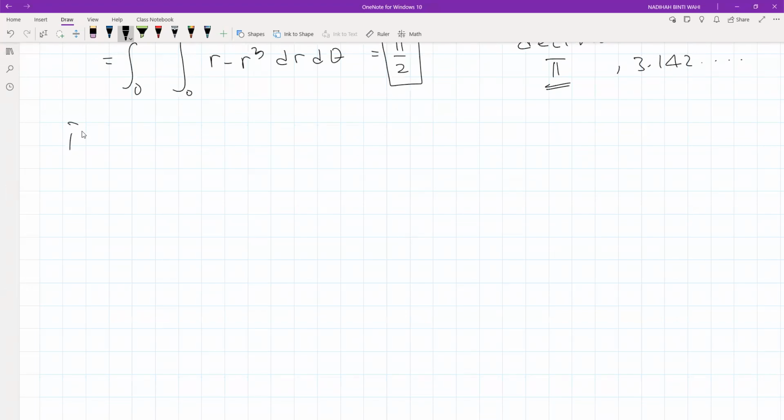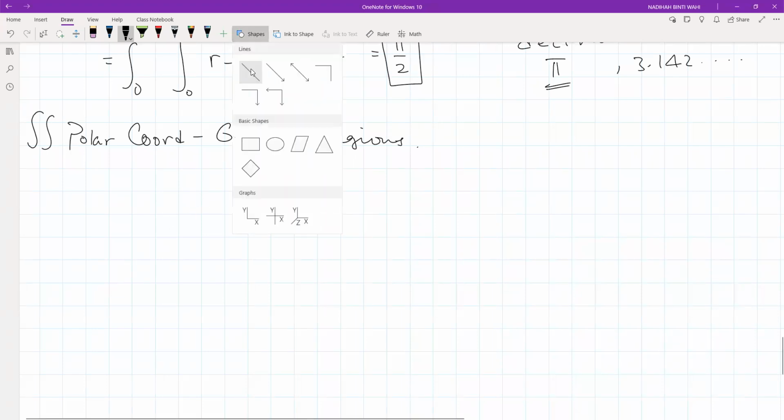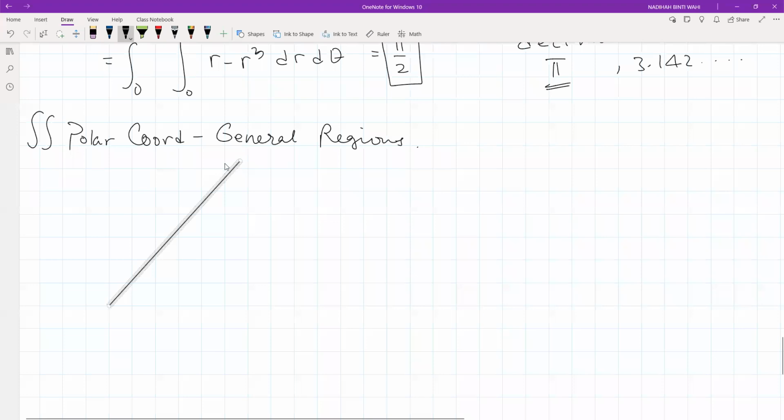Okay, in polar coordinate, still in polar coordinate, double integral for general region. Okay, what does general region mean? If you look at what I drew earlier, if you have a sector, same thing on the XY plane, and I have something like this.